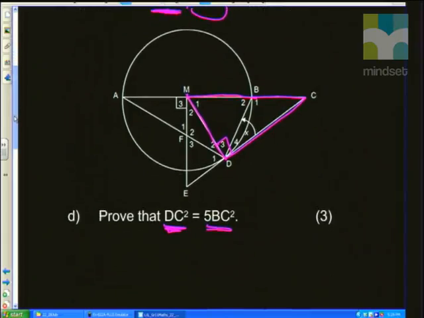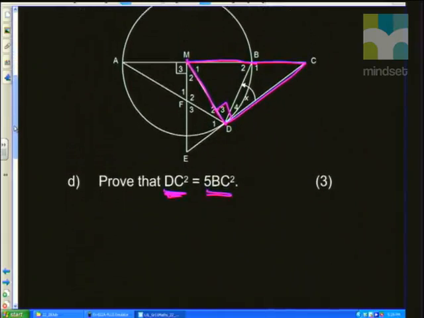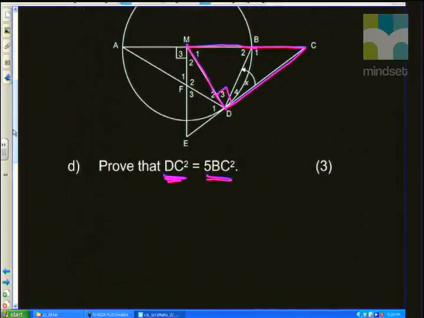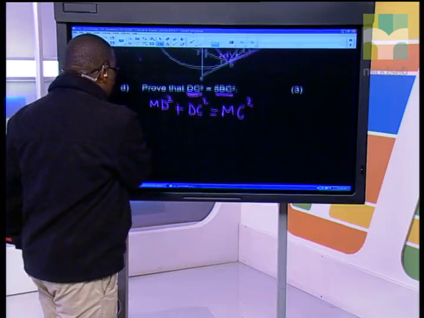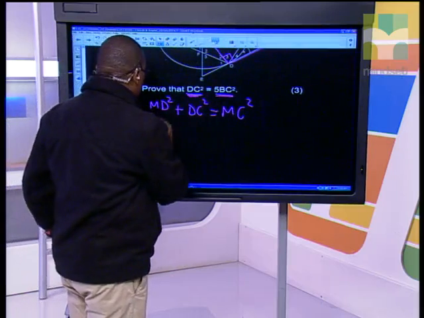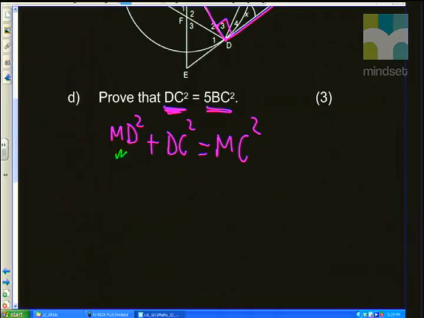Now, we can use Pythagoras theorem here, and we know that MD squared plus DC squared equals MC squared. Now, guys, at the end of the day, we want to make DC the subject of the formula, okay?